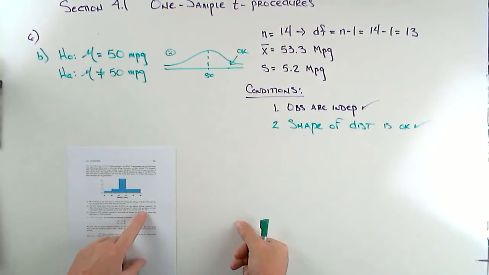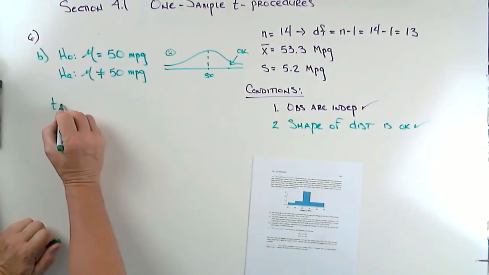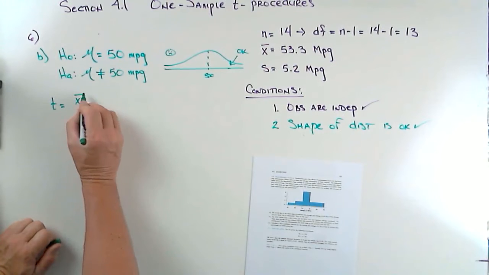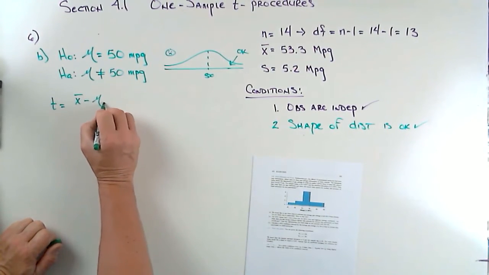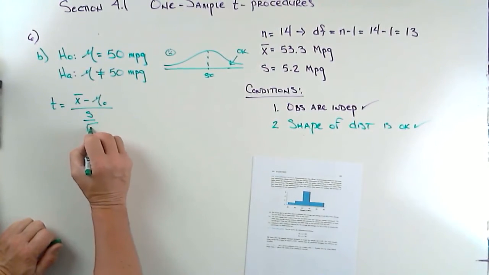So now we have to do these data provide strong evidence against this estimate. I don't know, I haven't done the test, so I have to run the test. So I need my t statistic, right? Now t is equal to, remember, x bar minus mu naught, whatever they tell me that's going to be, divided by s over the square root of n.